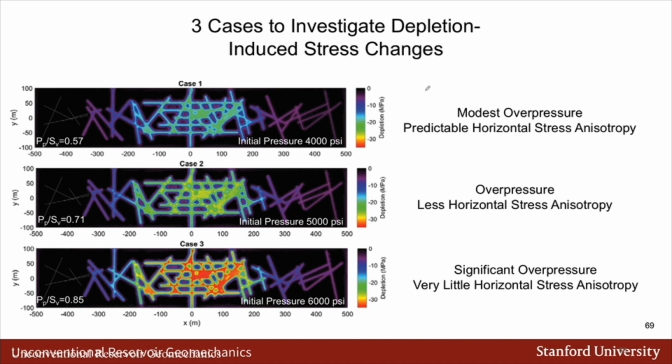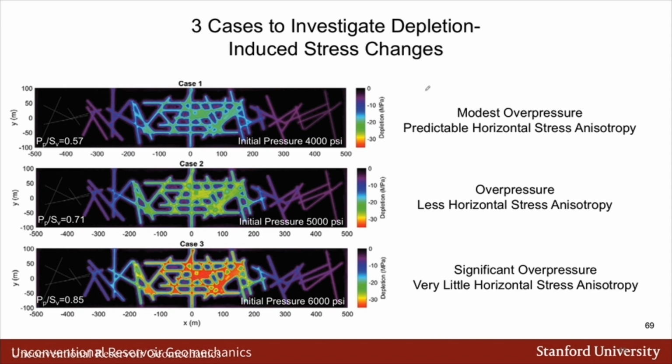We're at a depth of about 7,000 feet, so hydrostatic pressure would be roughly 3,000 psi. So 4,000 is a pore pressure gradient of about 0.57. A higher overpressure, a pore pressure gradient of about 0.71, and a significant overpressure, a pore pressure divided by the vertical stress of about 0.85.